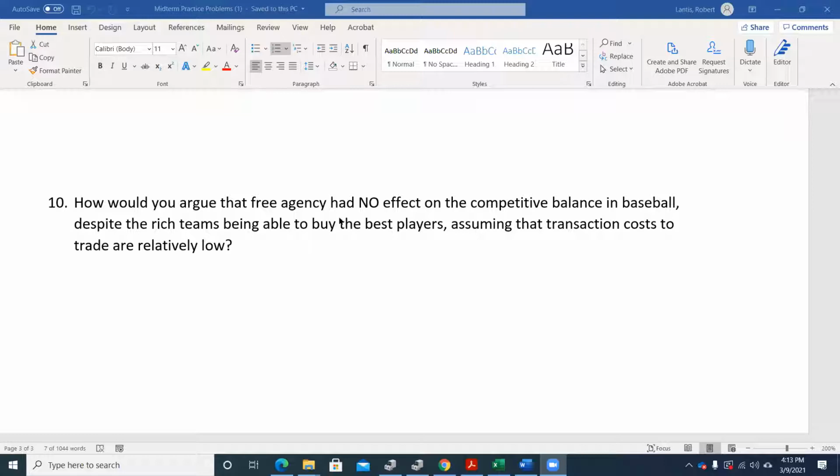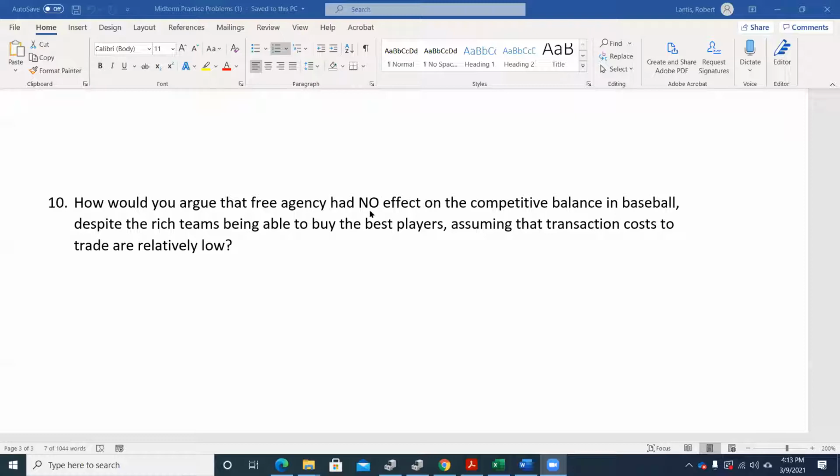They may be giving money to a different team to obtain the rights to that player, but it doesn't matter whether or not the original team is the only one that has rights to re-sign the player, because they'll trade them to whoever values them the most. So that was the invariance principle. Whoever values something the most is going to be the one who ends up owning that thing, or having a deal with that player in this case.